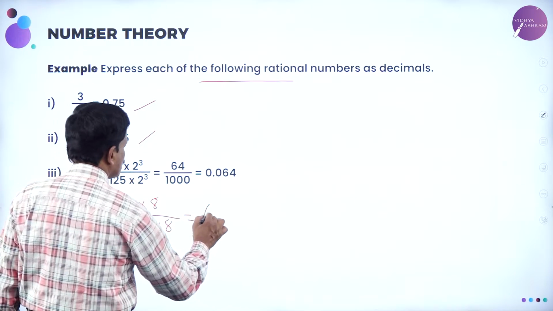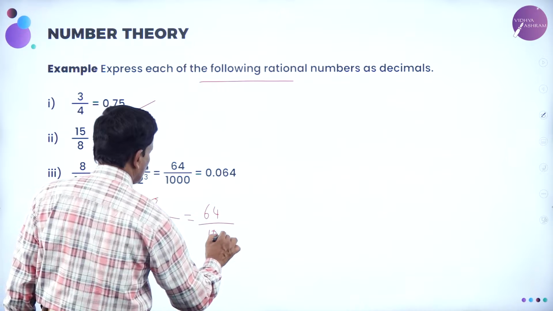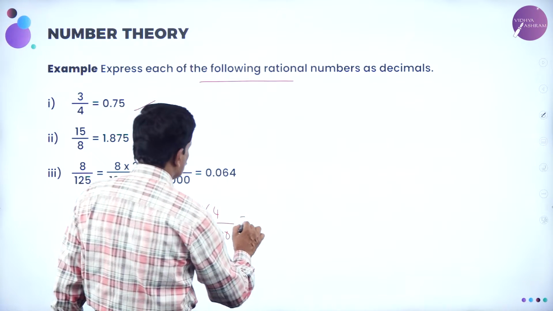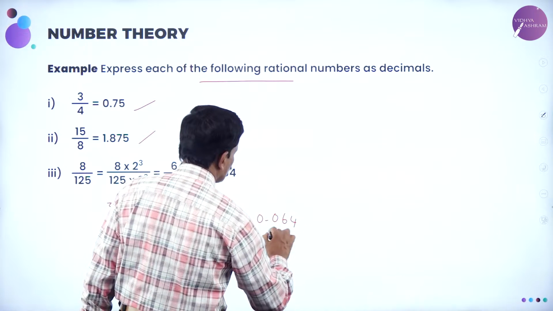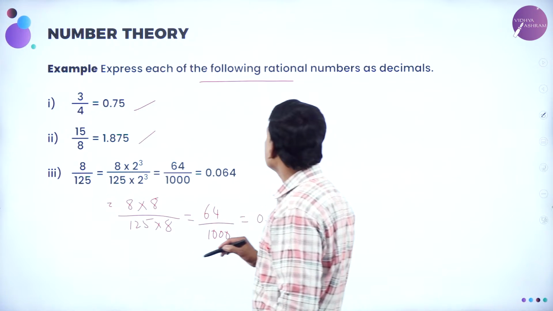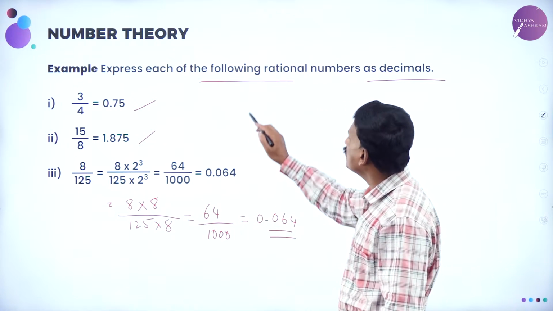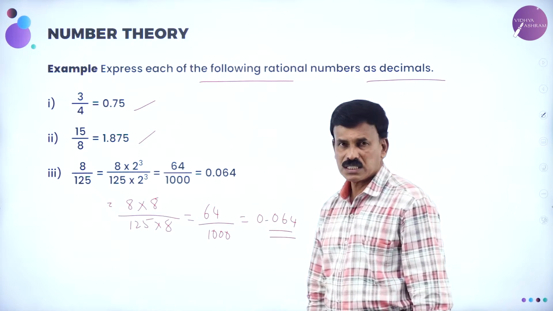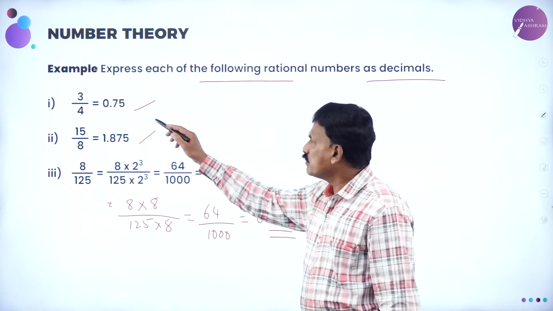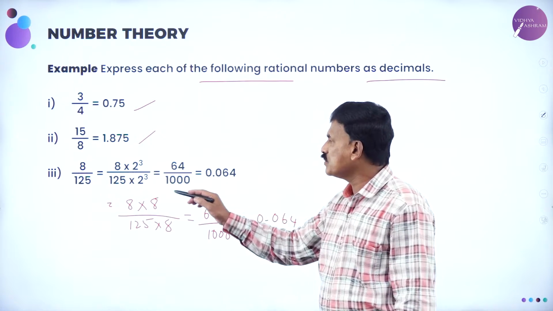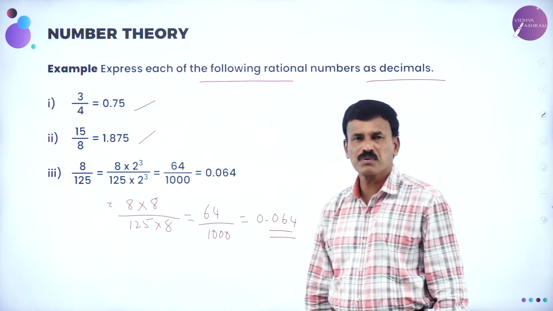This can be done: 8 8s are 64, divided by 1000. 64 divided by 1000 can be written as 0.064. So that is nothing but a rational number in the form of decimals. So, 3 by 4 is 0.75, 15 by 8 is 1.875 and 8 by 125 can also be written as 0.064.